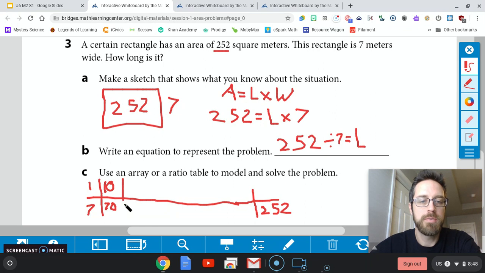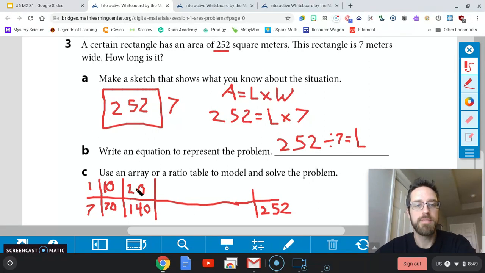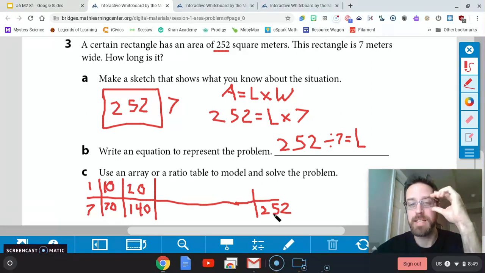And then if we double that, 10 doubled is 20, 70 doubled is 140. Okay, and then if I double 20, that's going to get me 40. But if I double 140, that's going to get me 280. And 280 is too high.